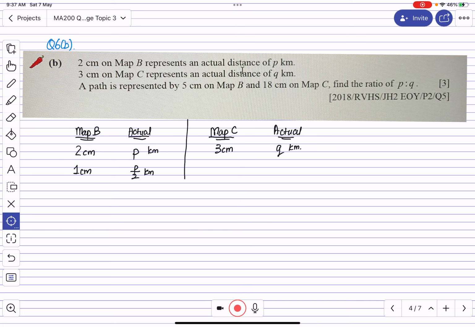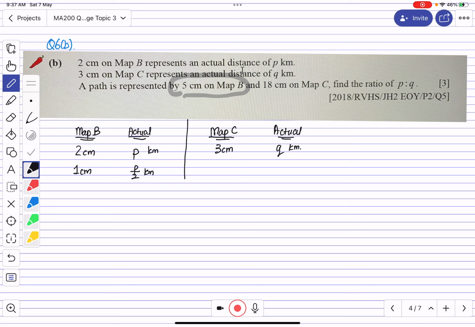So if I look at map C, the path is represented by 5 cm on map B and 18 cm on map C. So I go to map B and I ask myself, if I'm going to go to 5 cm, basically I'm just going to multiply by 5 on both sides.